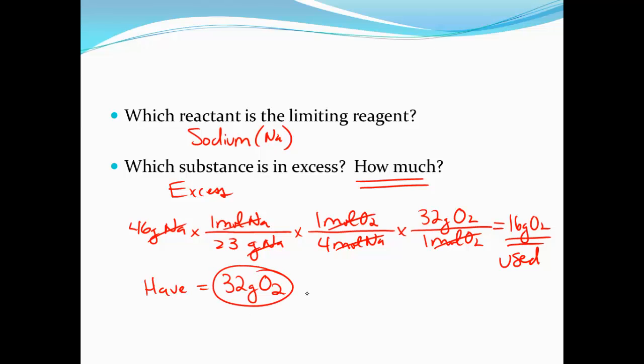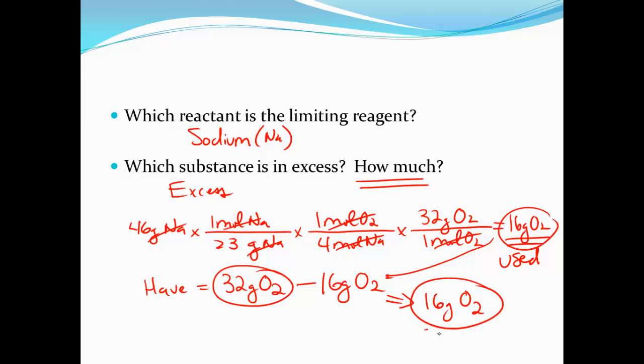But I used 16 grams of oxygen, which means I'm going to subtract 16 grams of oxygen. So when I subtract those, that means I have 16 grams of oxygen in excess, meaning leftover.